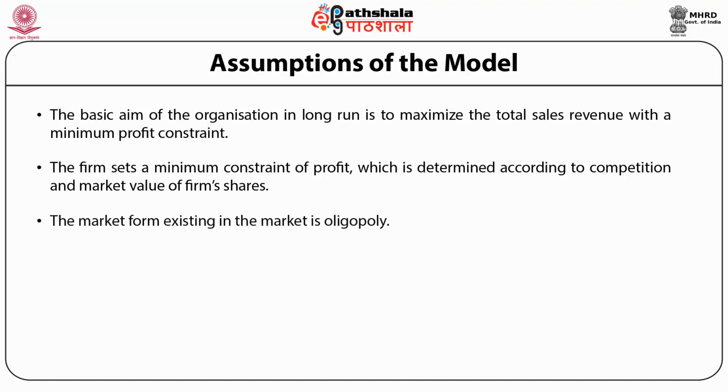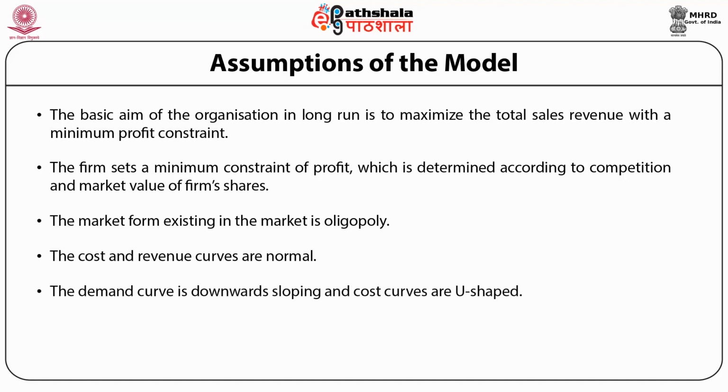The market form existing in the market is oligopoly. The cost and revenue curves are normal. The demand curve is downward sloping and the cost curves are U-shaped. The theory is based upon a single period time horizon of the organization.